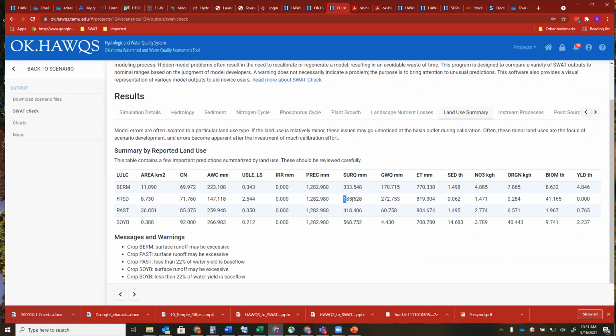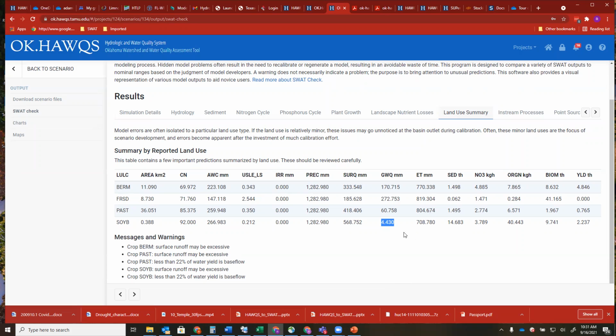The forest has very little runoff, but it has the most groundwater contribution, which is expected because water goes into the soil and then is slowly released over the next month or two, whereas agricultural cropland has very little groundwater contribution. Here is the evapotranspiration.